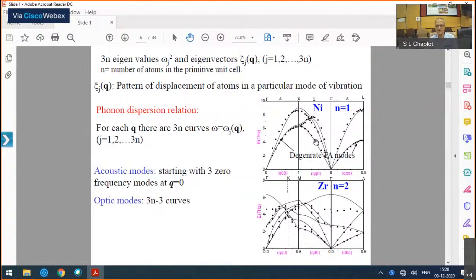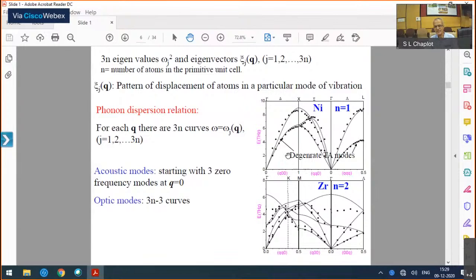However, in the 1, 1, 0 direction, you have 3 separate frequencies. The longitudinal phonon and the 2 transverse phonons are different because the corresponding directions are not equivalent. Again, in the 1, 1, 1 direction, you have the longitudinal phonon and the 2 transverse phonons are degenerate.